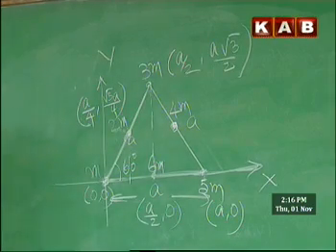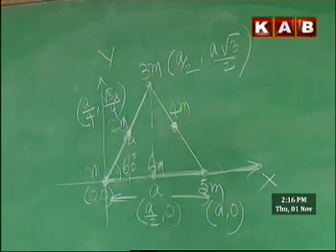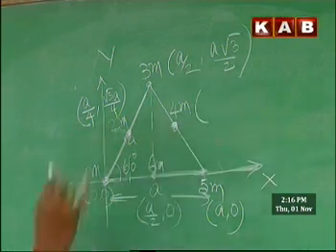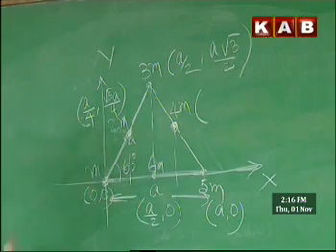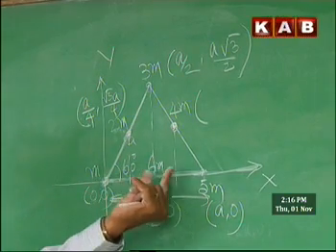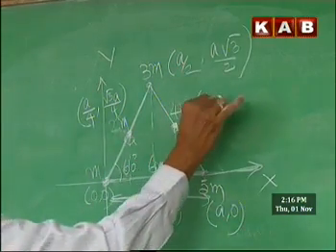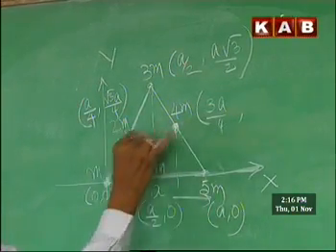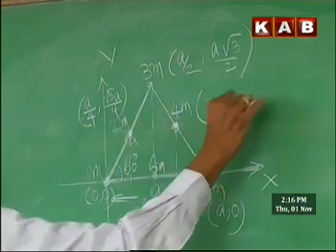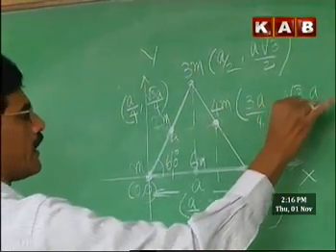So these are the coordinates of 2m. And what about the coordinates of 4m? This distance is a by 2, this is a by 4, so 3a by 4 comes out to be the x coordinate. The y coordinate of this and this are the same, that is root 3 a by 4.